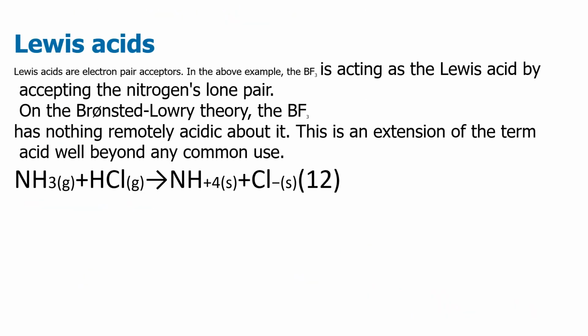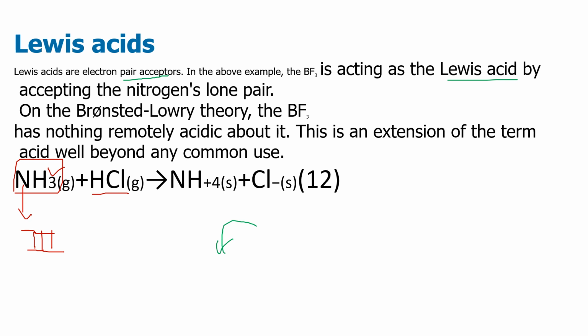In Lewis theory, pair acceptors act as Lewis acids, like which do accept an electron that acts as a Lewis acid. Now here is an example. Let me tell you about that. Just suppose we do have NH3. As I told you, nitrogen is from which group? The third group, right? That means it is electron deficient. Now here it is attached with 3 hydrogens, H3, and after that it is added to HCl.